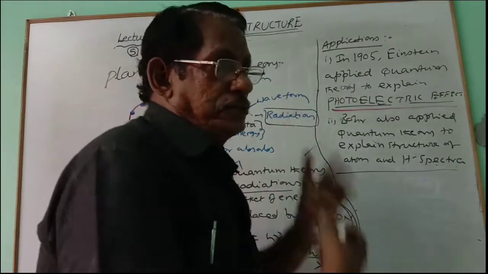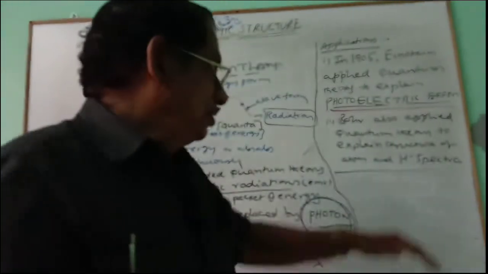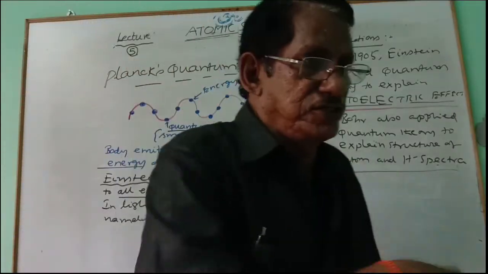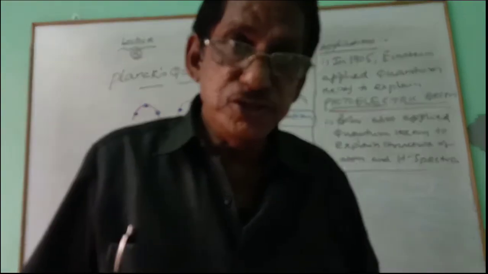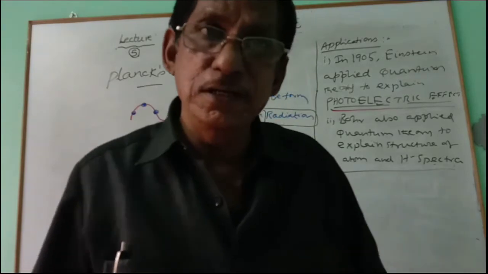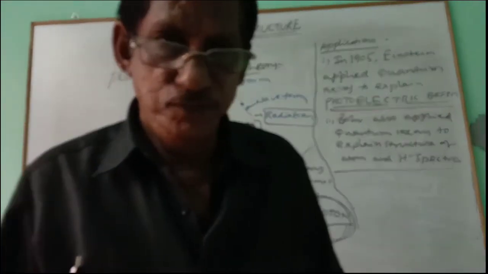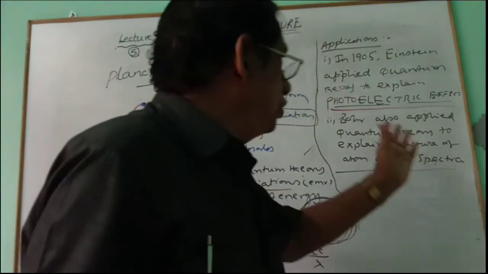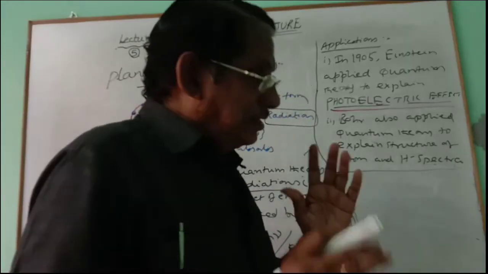The theory is Planck's, but he applied that idea to the photoelectric effect and completely explained it based on this theory, applying photon and quantum, for which astonishingly Einstein got the Nobel Prize. The origin is Planck, the Nobel Prize went to Einstein. That is the first one.